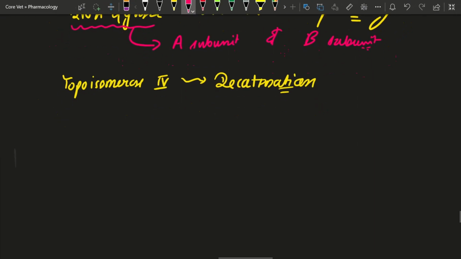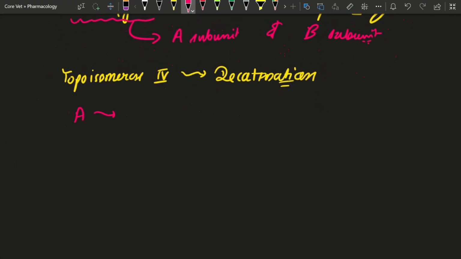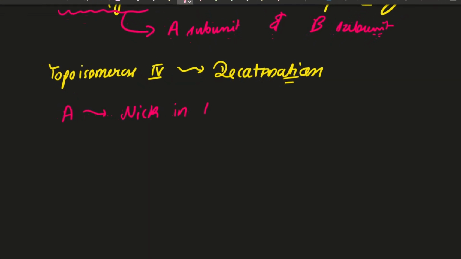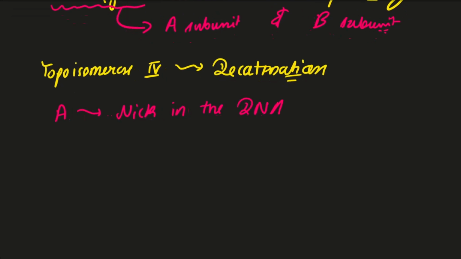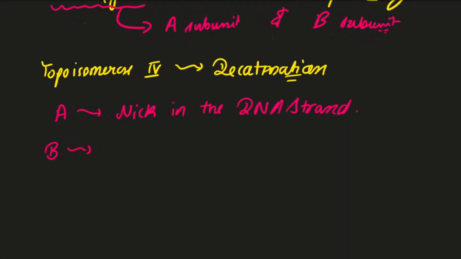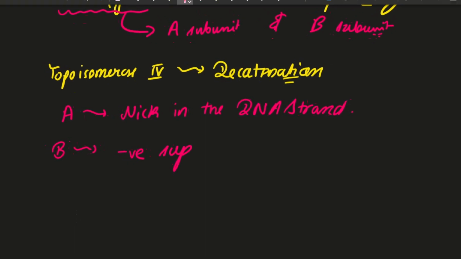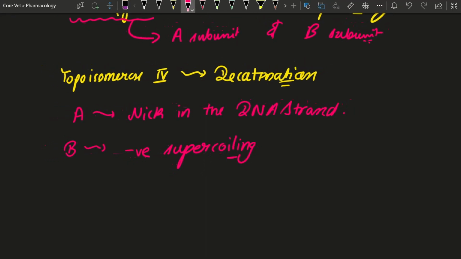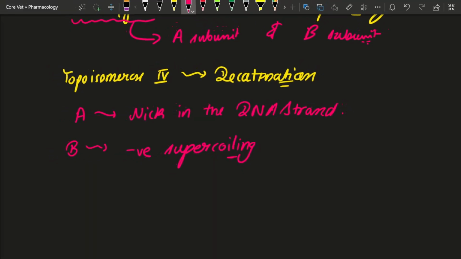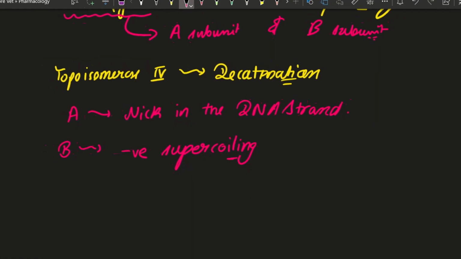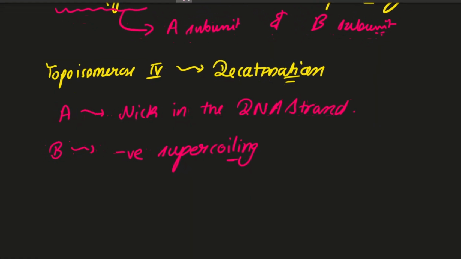The A unit is responsible for the formation of a nick in the DNA strand, and the B unit is responsible for the introduction of the negative supercoiling, right? So the B is responsible for the introduction of the negative supercoiling, and the A unit is responsible for the formation of a nick in the DNA strand, right?